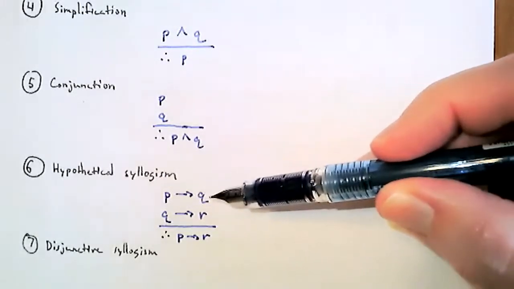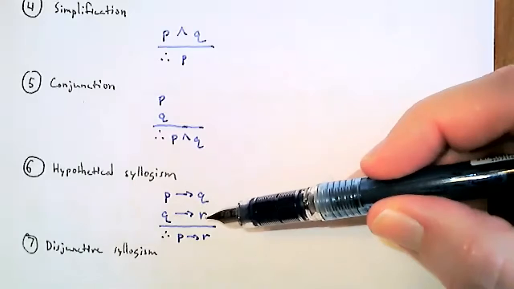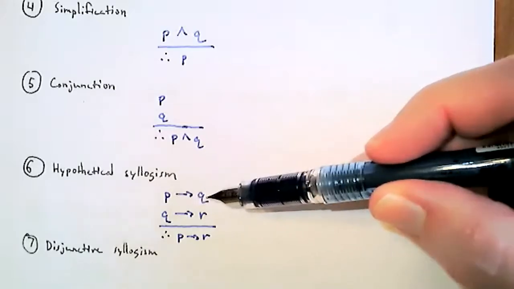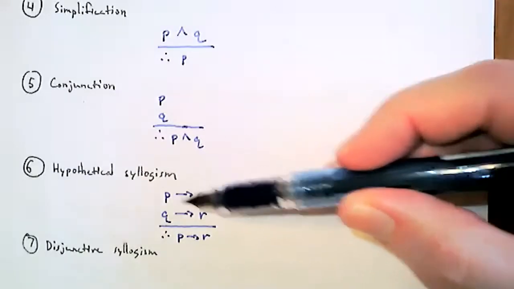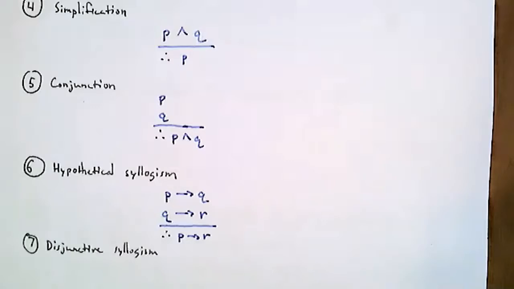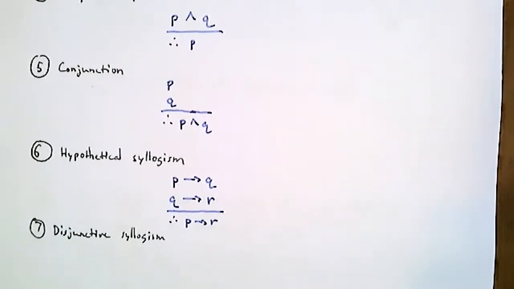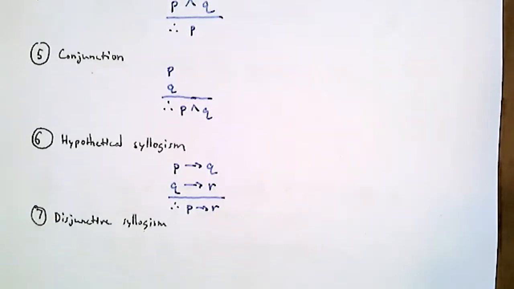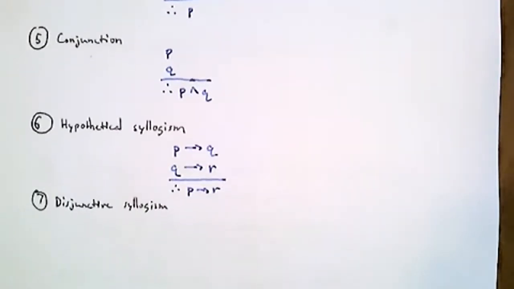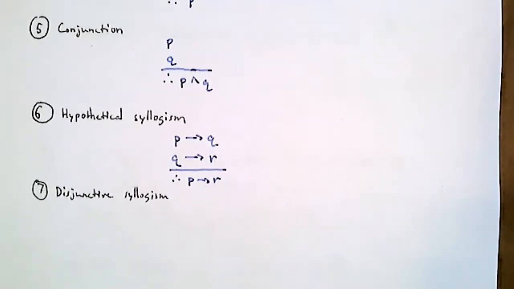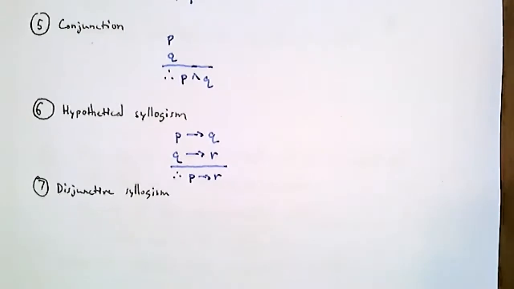So P goes to Q, which points to R. So I could follow the arrow the whole way directly from P to R. That's kind of what's going on here, symbolically at least. And we'll see some examples of these on the next page, how they could actually look in English.